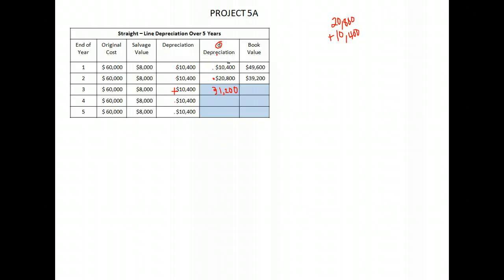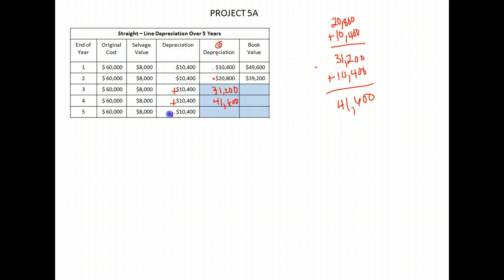Okay, and you can continue going down the page. Okay, so to find the next one, we would add the next $10,400 because it depreciates by that much again next year. Okay, so we're adding up to find out how much it goes down in value. Okay, that puts us at depreciation of 41,600.